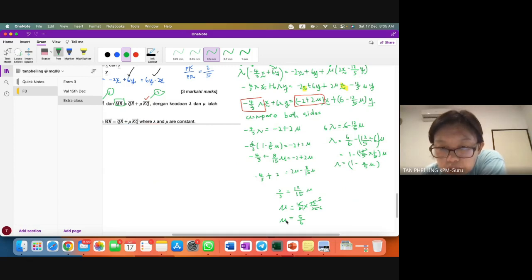So now I do correct. So mu I have 15, 30. 30 minus 8, 12. Correct. And then this one, 6 minus 4, 2 over 3. Also correct. So 15 over 12, 2, 6.